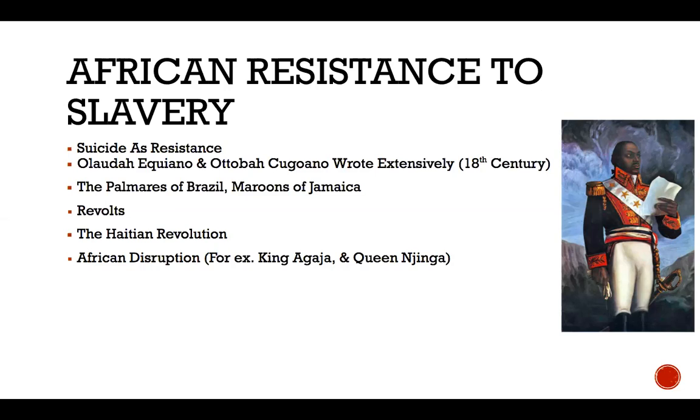He tried to petition the Portuguese and other enslavers to set up plantations within Africa itself, so that way his people would not have to leave the continent, right?